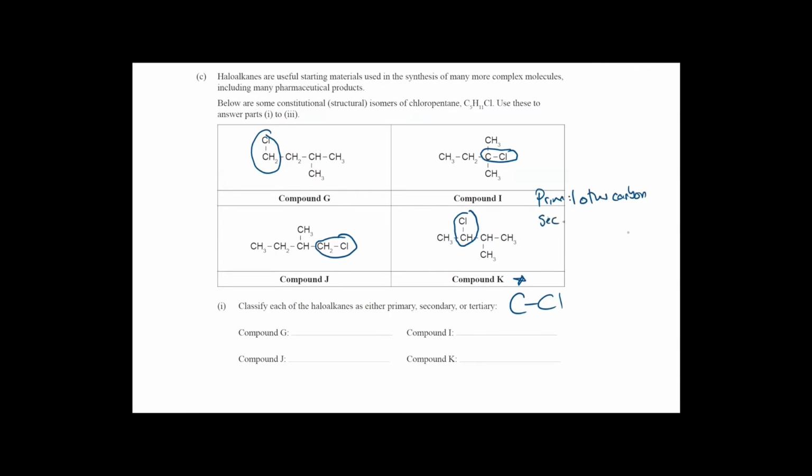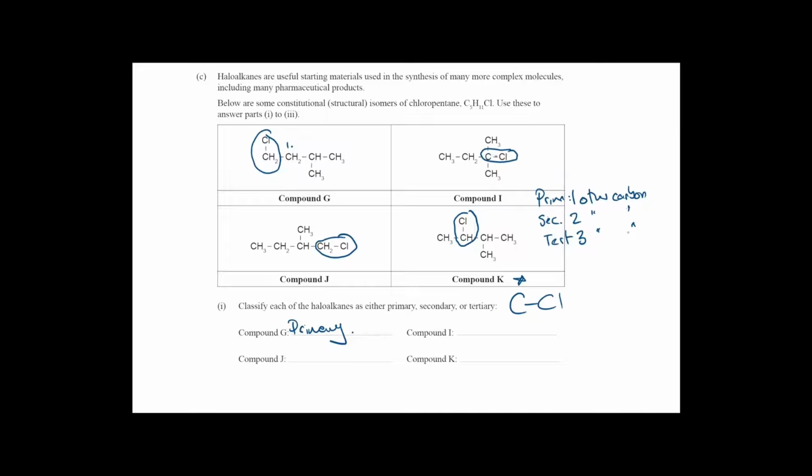A secondary is when it's 2 other carbons, and a tertiary is when it's linked to 3 other carbons. So this one here, G, the carbon is only linked to this one here, 1. So G is a primary haloalkane.